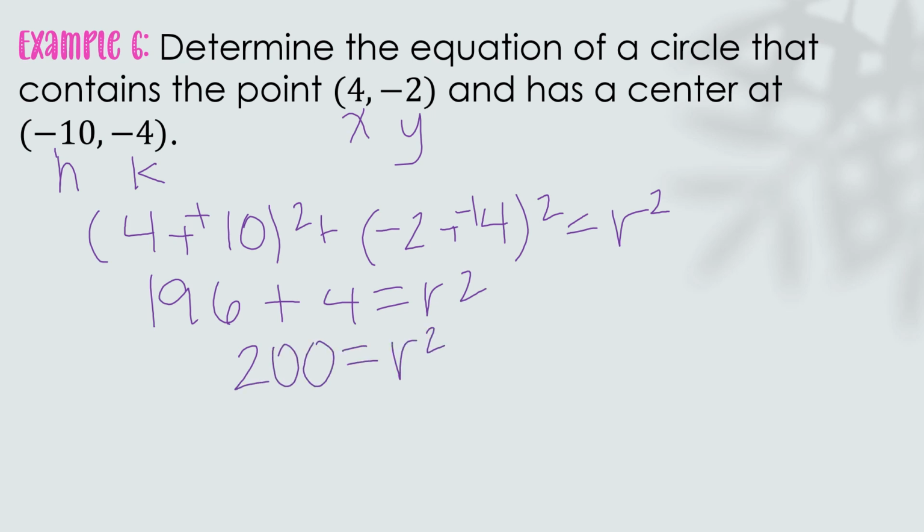I can take the square root of that and get 10 root 2 or the approximate decimal, but in the equation it's r squared, so we really don't have to go any further. Now we're ready to write our equation.